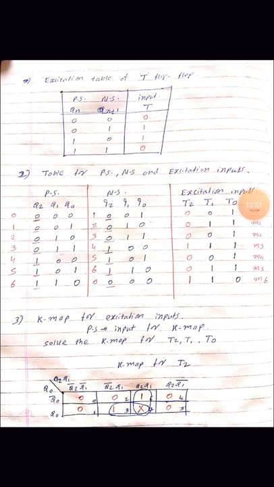I will repeat again: while solving the K-map for T2, T1 and T0, consider present state as the input. First, solve the K-map for T2. Here we get 2 pairs for T2.